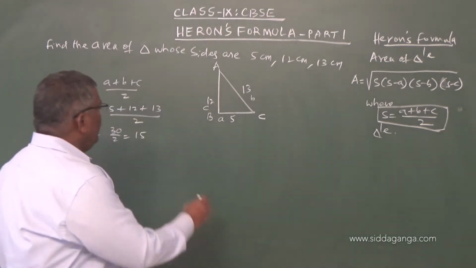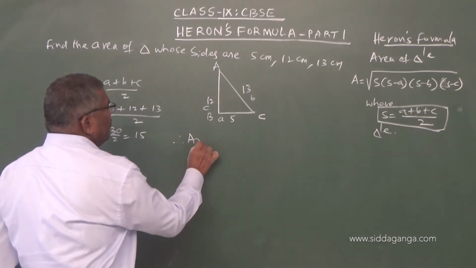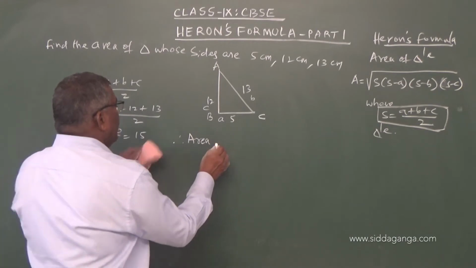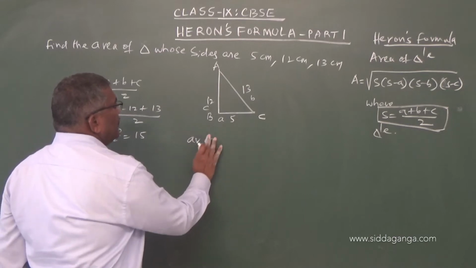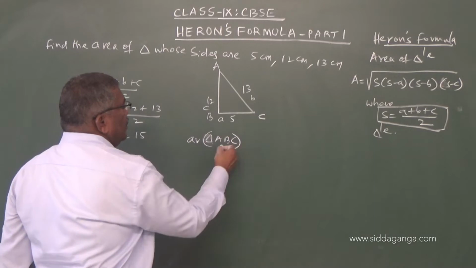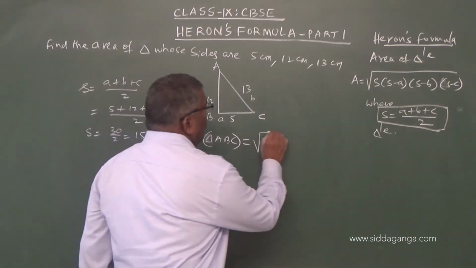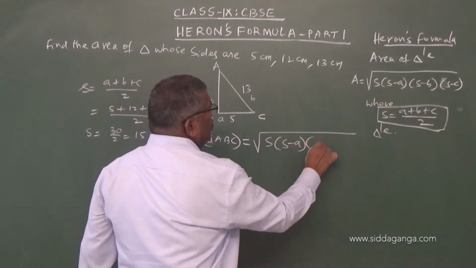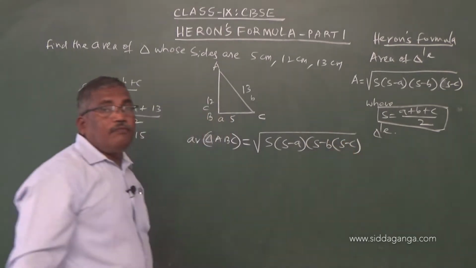Therefore the area of triangle ABC equals square root of s into s minus a into s minus b into s minus c.